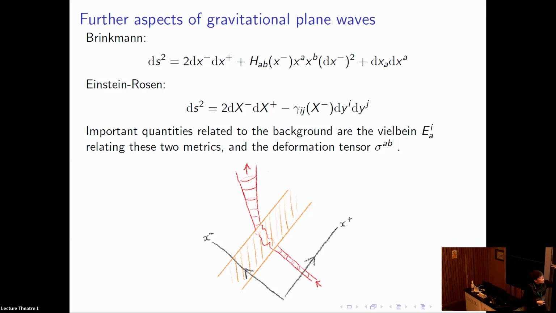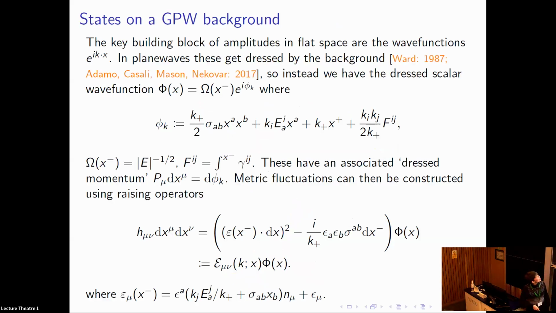And we also make use of the deformation tensor sigma AB. So this, in a sense, describes how certain null congruences deform after traveling through this plane wave, like the shear and the expansion of this null congruence. Okay, so these are just some quantities you need in order to define the states on gravitational plane waves.